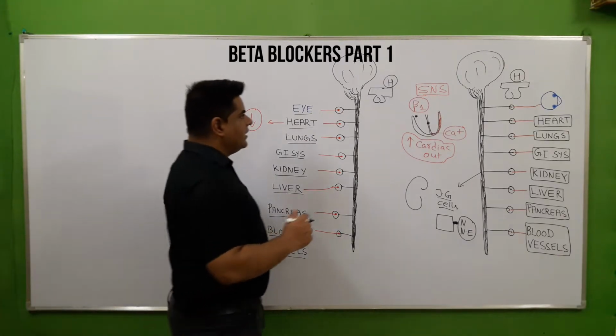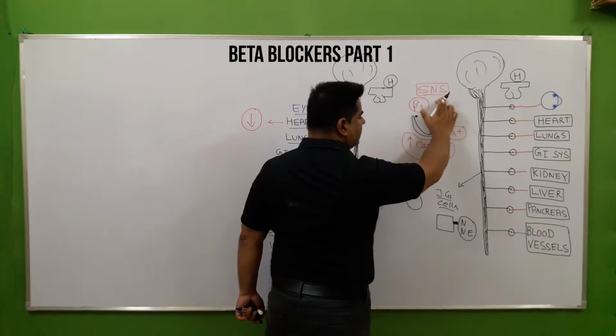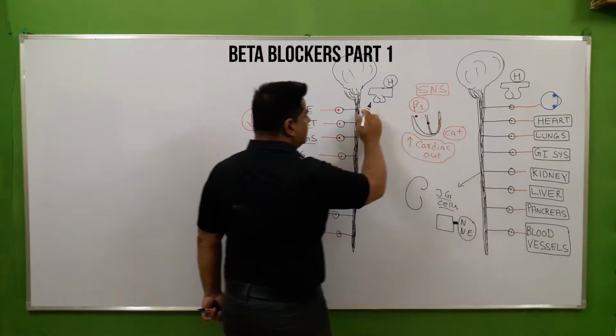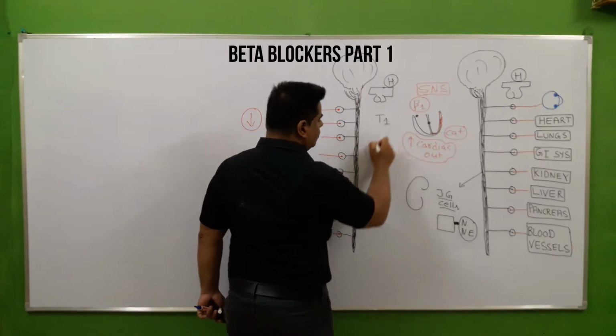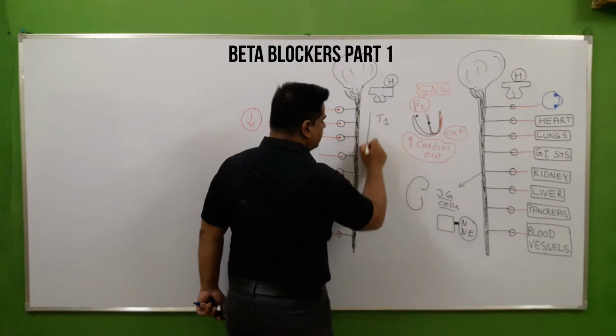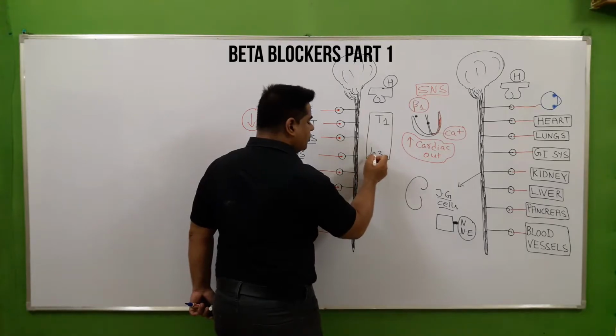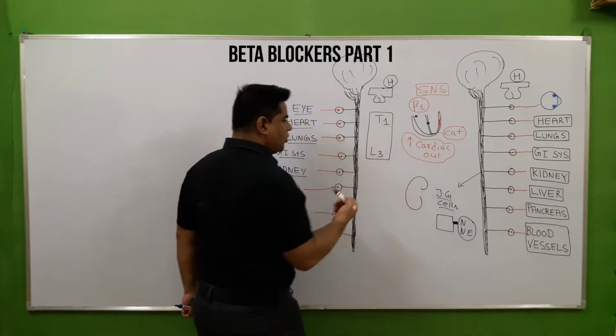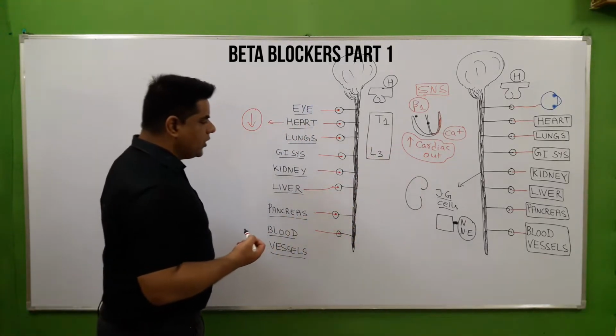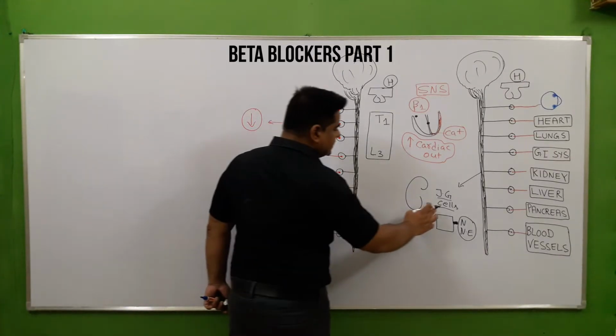Whenever there is sympathetic nervous system activity from T1 to L3 lumbar vertebrae, there is, we can say, thoracolumbar outflow, and it is going to stimulate the JG cells.